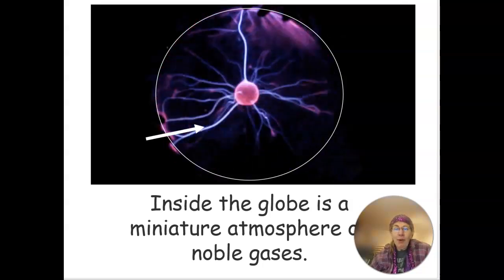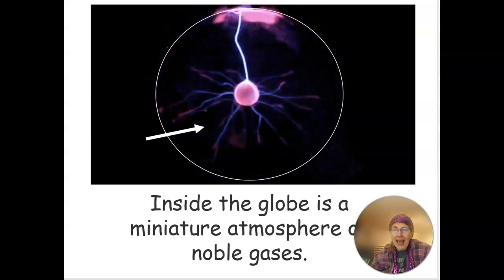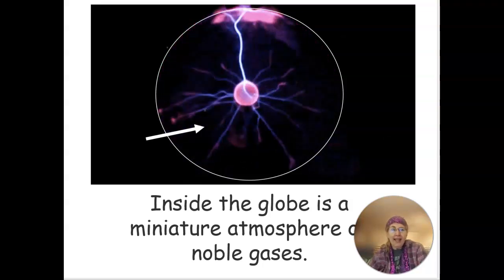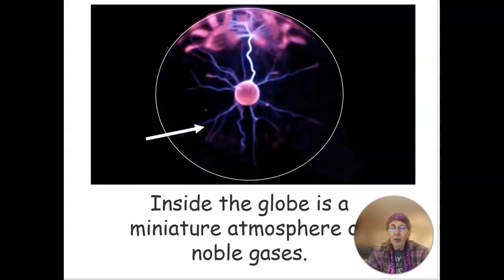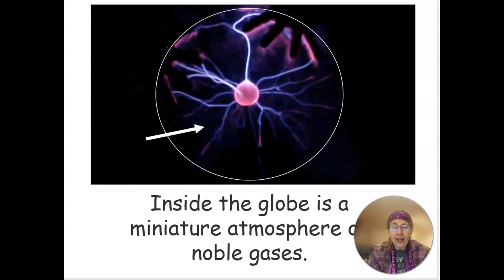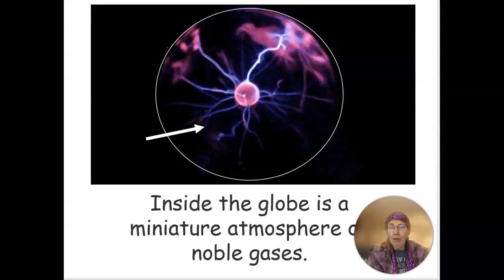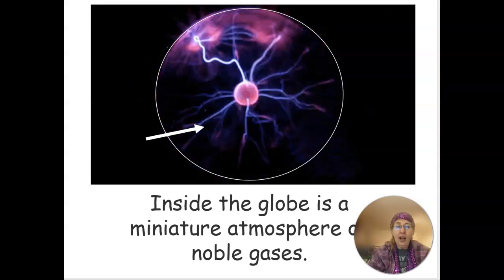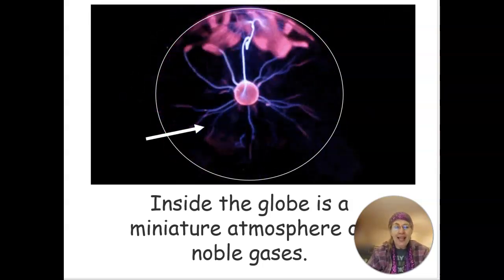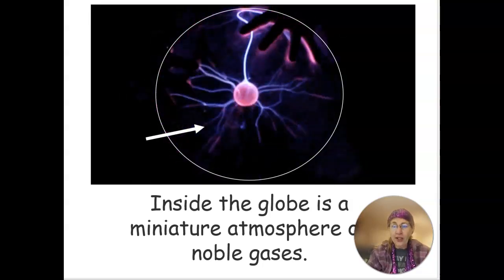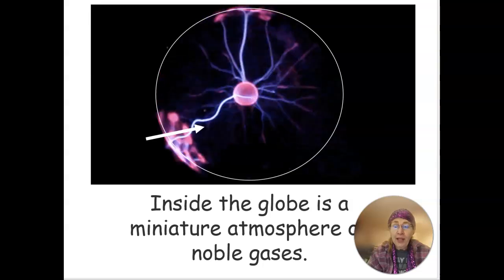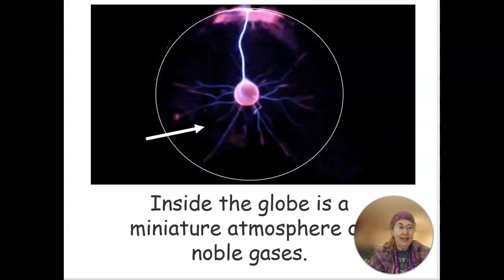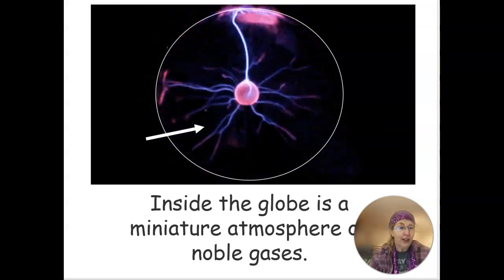So inside of the bulb, we have trapped some gases. Usually they're going to be noble gases. And so if the current wasn't on, we wouldn't see the little lightning bolts coming out through the ball. We would just see a ball with something in the center and with clear stuff, which would be the gas. But as soon as we apply the current, then the gas inside the plasma ball becomes energized or ionized, loses electrons.